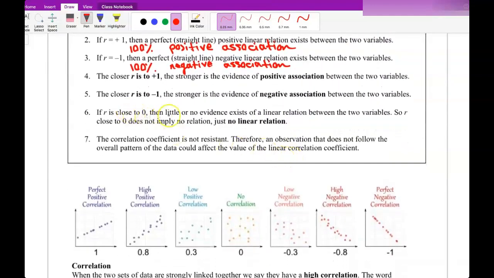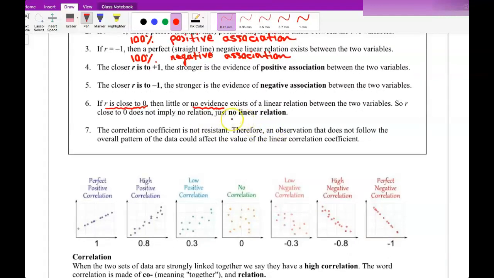If r is close to 0, then little or no evidence exists. If r is close to 0, there is no evidence. What that means is no linear relation.